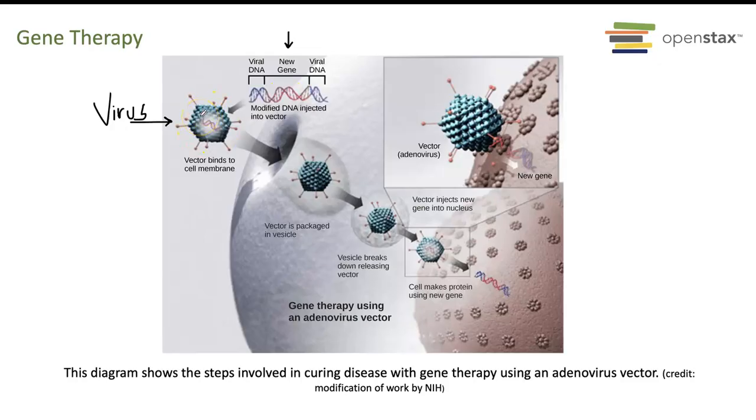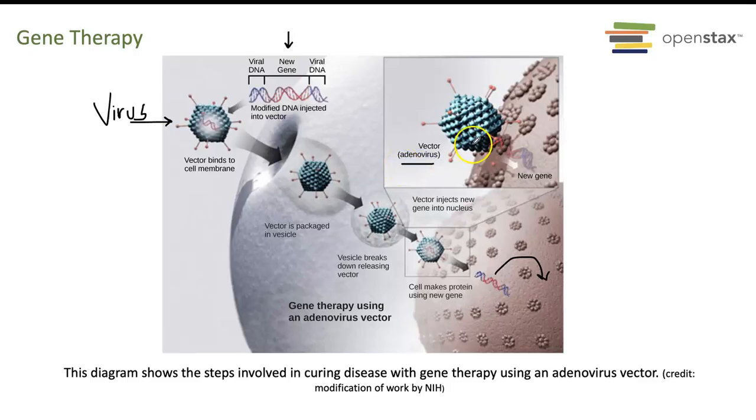And viruses, what they do is they bind to cells, they infect the cells, they go in. And then certain viruses will also come into the nucleus and they incorporate their DNA into the host DNA. So this vector happens to be adenovirus.